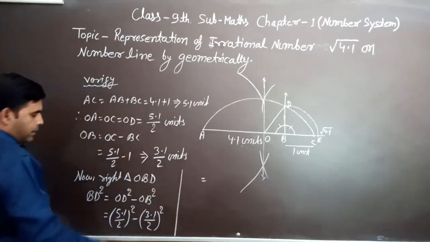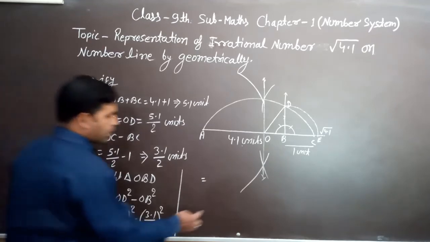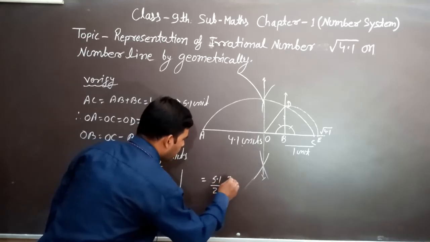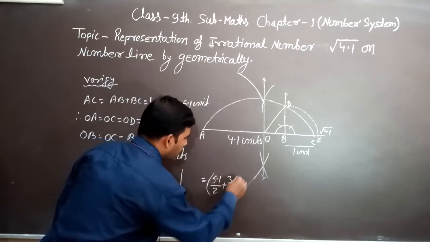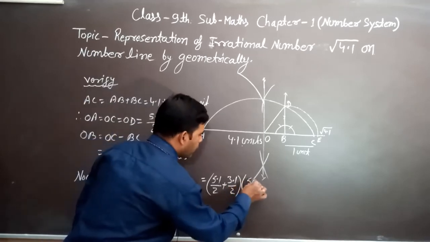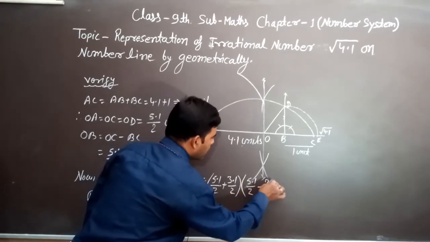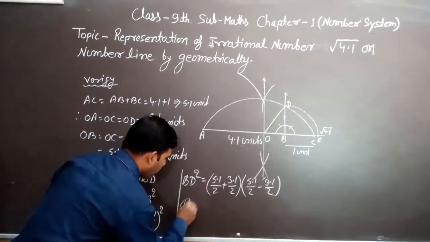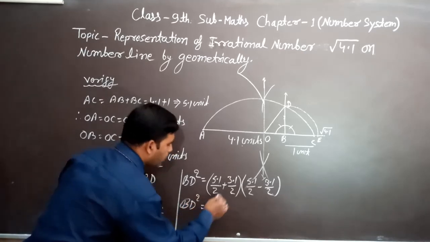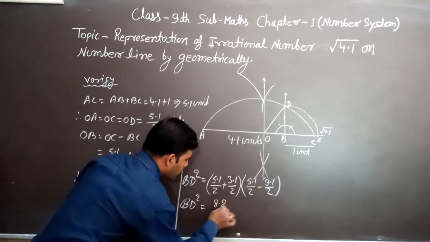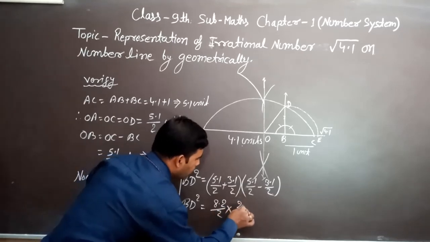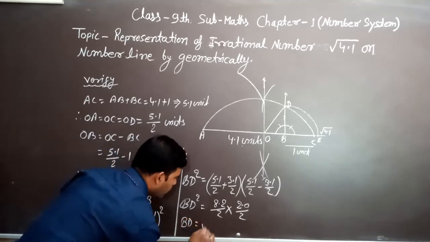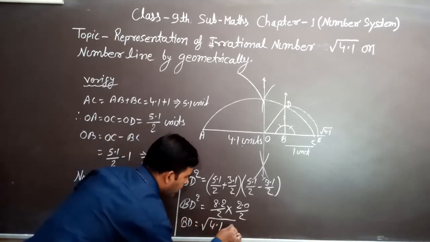Using the algebraic identity a square minus b square, we write it (5.1 upon 2 plus 3.1 upon 2) into (5.1 upon 2 minus 3.1 upon 2). So BD square is equal to 8.2 by 2 into 2.0 upon 2. So BD is equal to root 4.1 units.